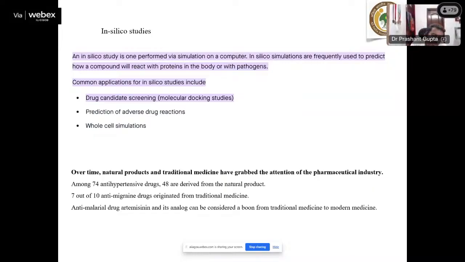Of 74 antihypertensive drugs in the last 20-30 years, 48 are derived from natural products. 7 out of 10 anti-migraine drugs are from traditional medicine, and we all know the story of the anti-malarial drugs artesunate and artemether, which got a Nobel Prize also.